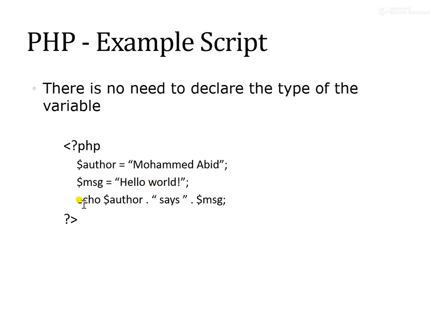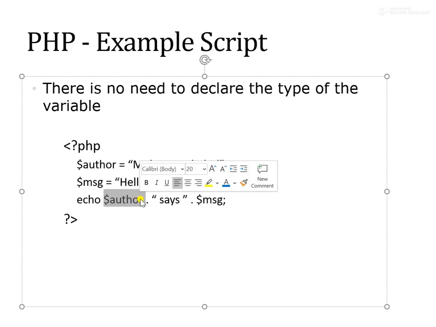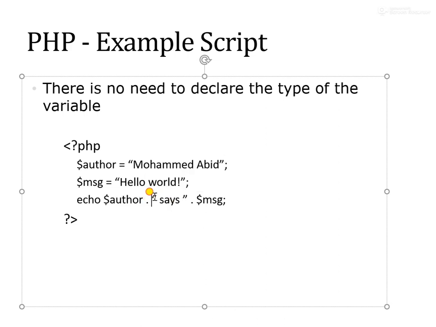Then we have an echo, and we display author, dot, then the string says, dot, and then msg. So what will be printed on screen as a result of this statement? Echo means print on the screen.